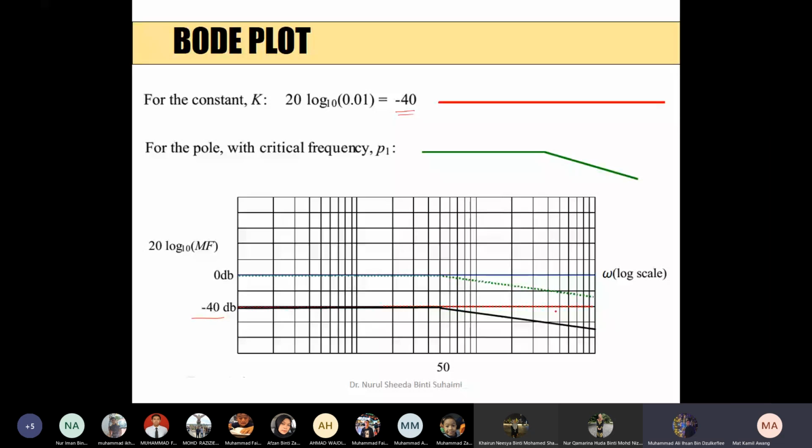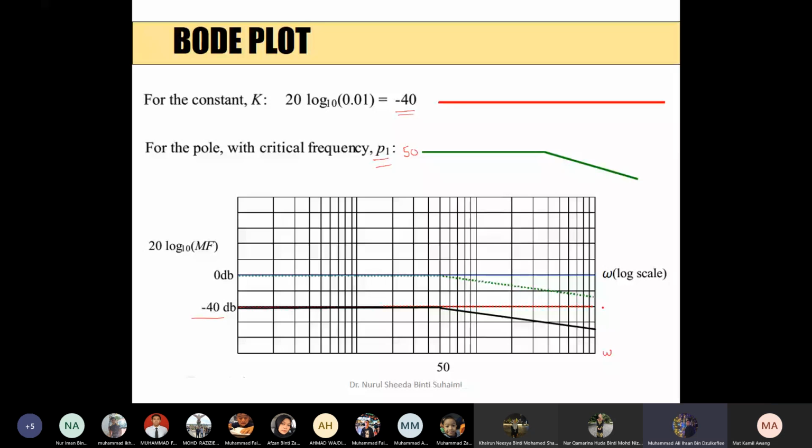Then for the pole P1, which is at 50, you go to 50 on the omega scale and draw the dotted line here. Basically 0 dB until it reaches 50, then it drops by 20 dB per decade.